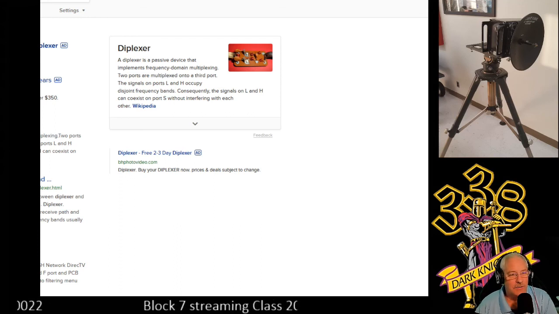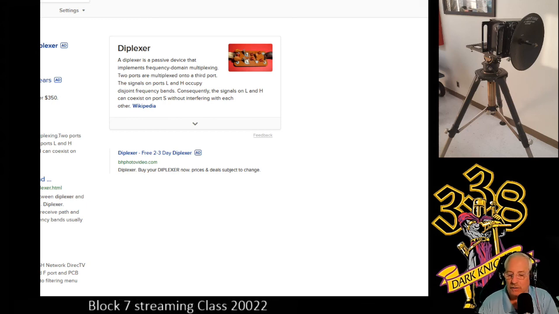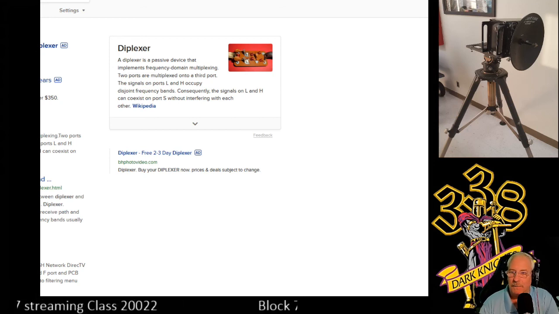The bottom line is it's a three-way. And when you look at L and H ports, which are basically two frequency items with ferrite beads, and they've got some other filters in there to make them passive without any applicable electronic power to it.